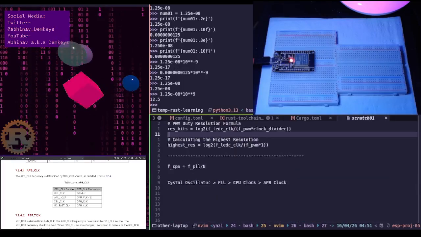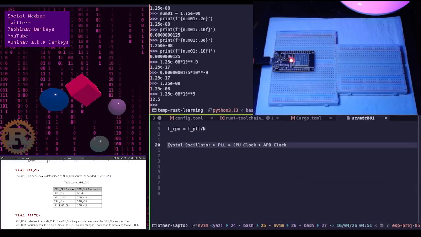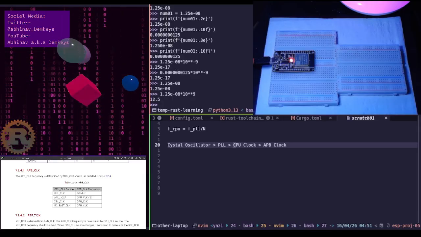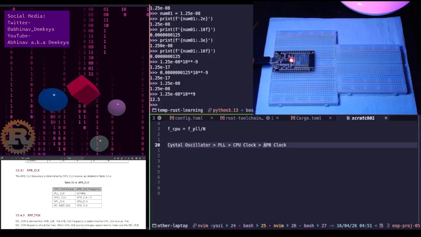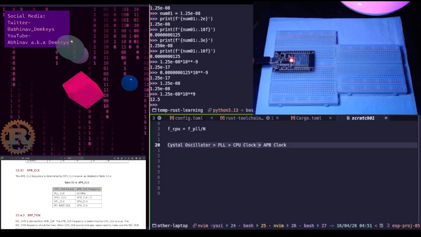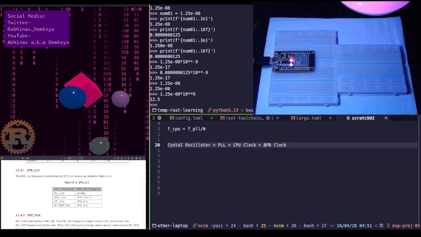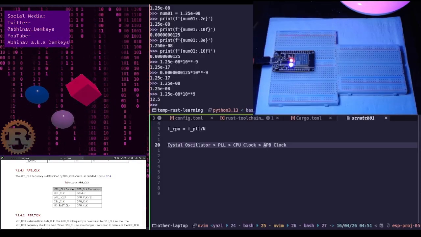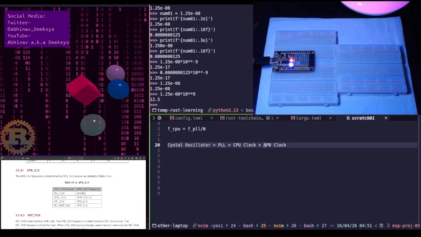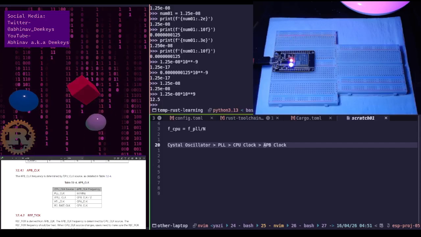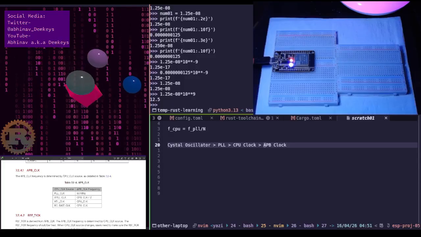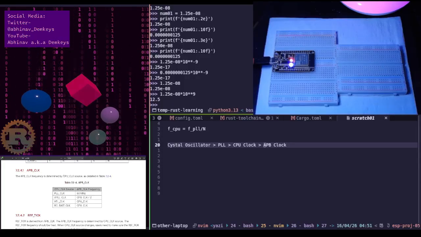Yeah, this is what I'd asked Gemini. I was like, okay, is this the line that's followed, or is it that the PLL goes to both CPU clock and APB clock separately? And Gemini said that one of them is true, but the idea is to make it seem like the other one is true. Like they try their best to abstract away that detail, and you shouldn't really need to worry about it. I haven't finished reading that.